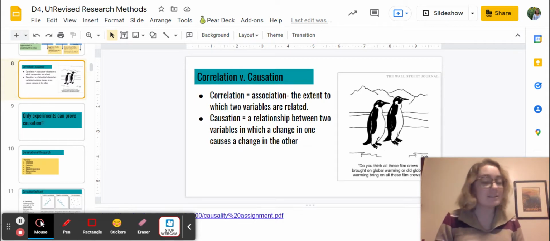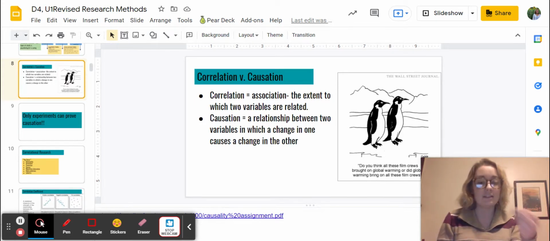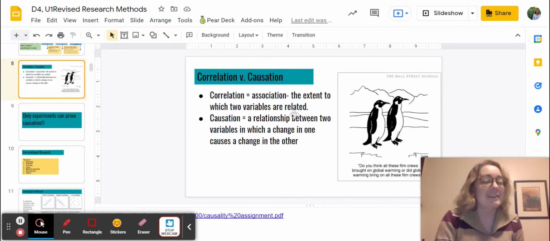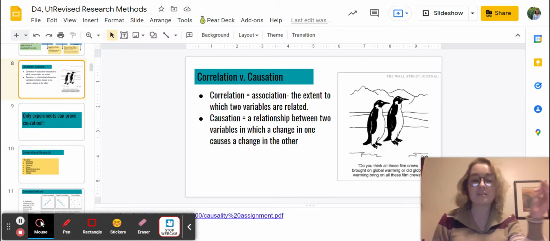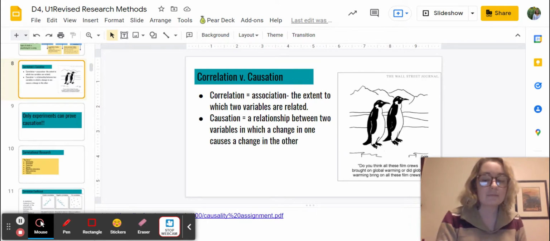But it's most likely a correlation at this point, that being Italian is correlated or associated with liking pasta, as I'm doing the Italian hands. So there's an association, they're connected, but does being Italian cause you to like pasta? We don't know. There are probably other variables at play, such as that's just what you were raised with, right? So you'd have to do an experiment to prove that.